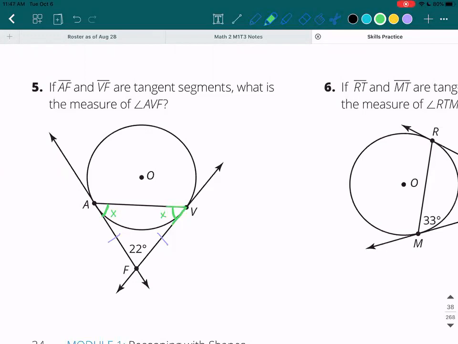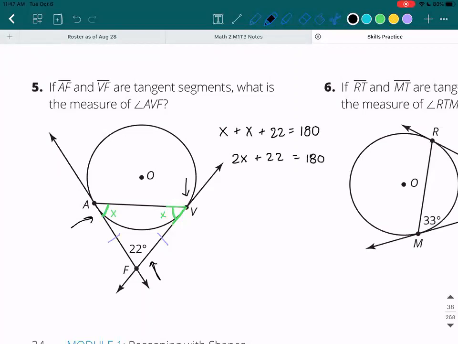Okay, so using our formula again, let's add up the three angles. So X plus X plus 22 equals, what should they equal? 180. 180, perfect. And then simplifying it, we get 2x plus 22 equals 180.